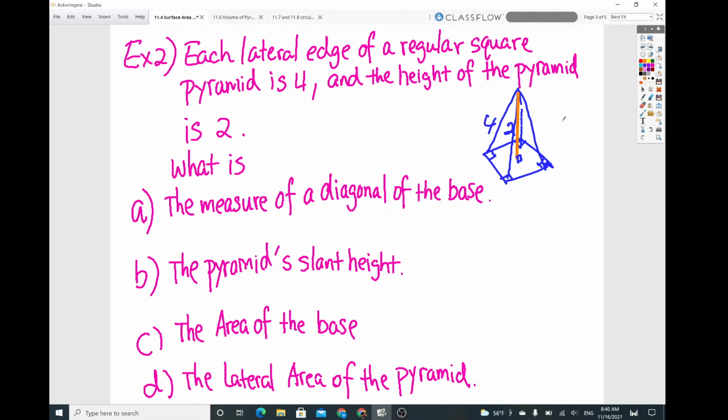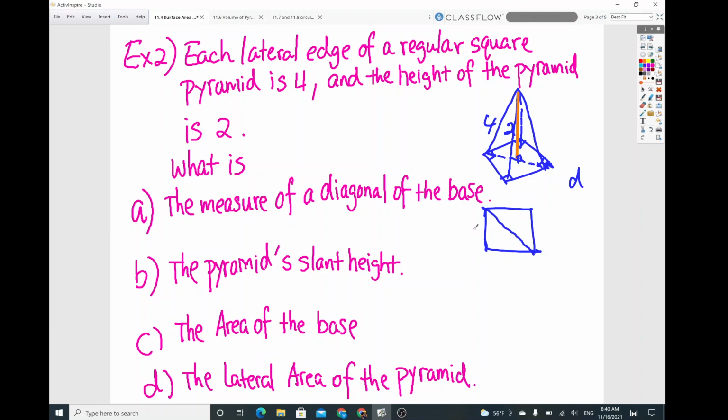So what's the measure of a diagonal of the base? The diagonal, that means we're talking about this length right here. Let's say that is D. To find out what that is, we can use the special right triangle, 45-45-90 degree. If that's a square base, the diagonal is always root 2 times the side.